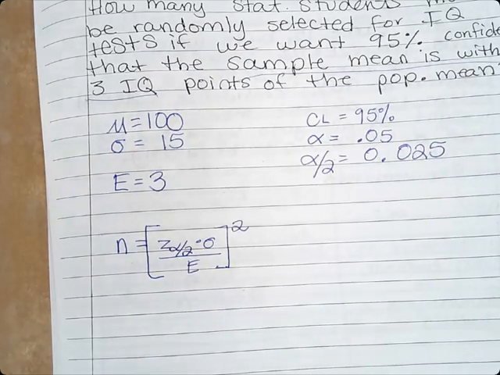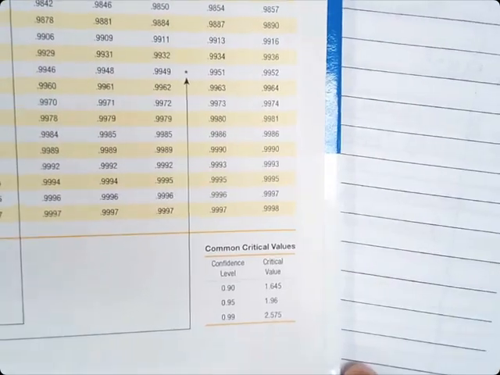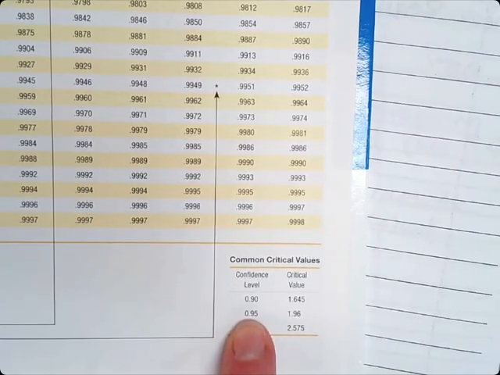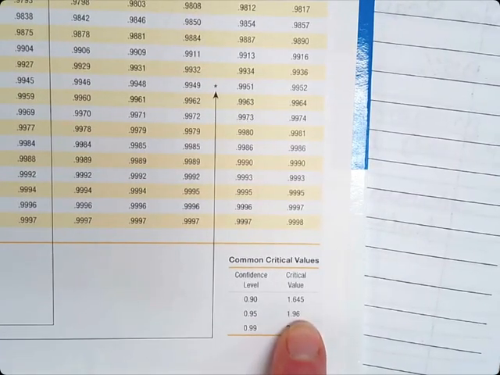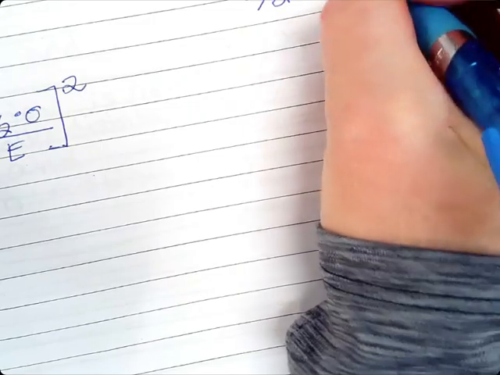And so we need our other chart. We need the critical value. We can look down here and see what confidence level are we using? 95. So what's our critical value? 1.96. So our Z alpha over 2 is 1.96.